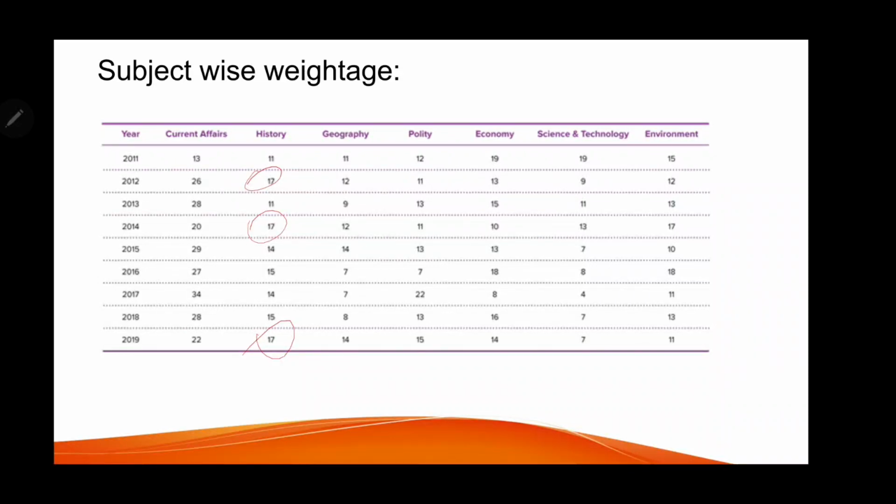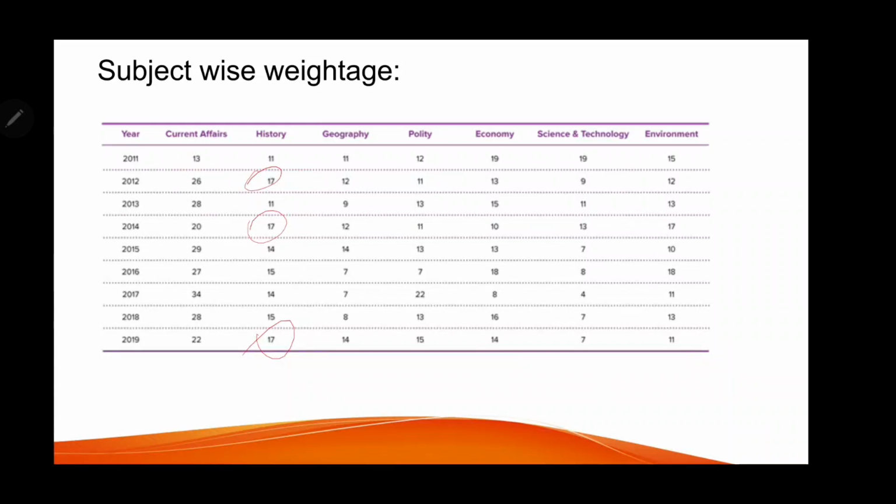In 2012, in the preliminary, there were 17 questions out of 100. Again in 2014, there were 17 questions out of 100 questions. And in 2019, once again there were 17 questions out of history.